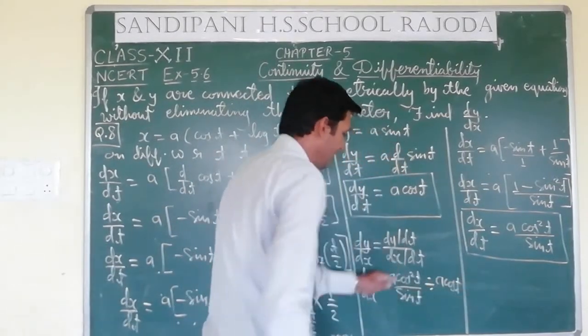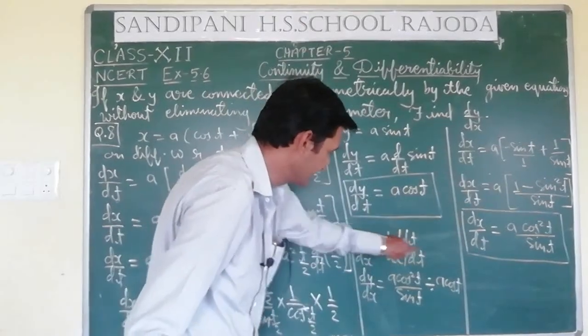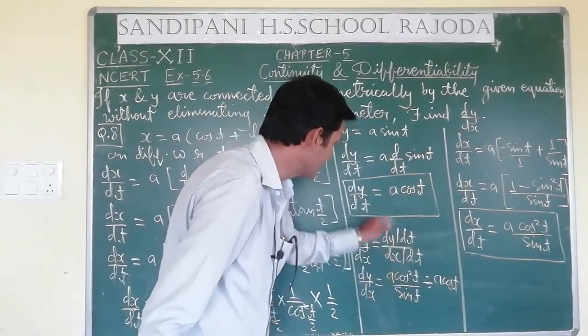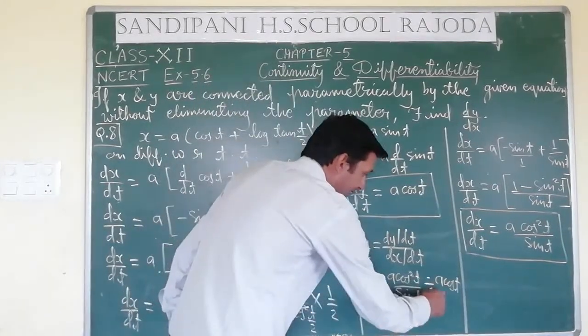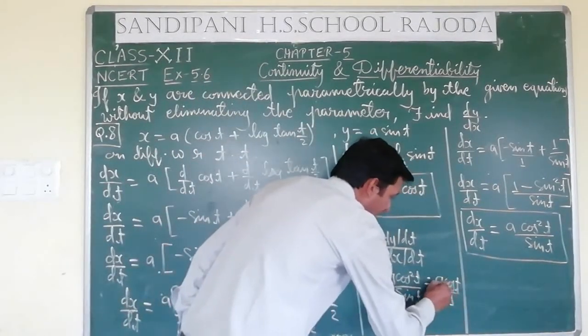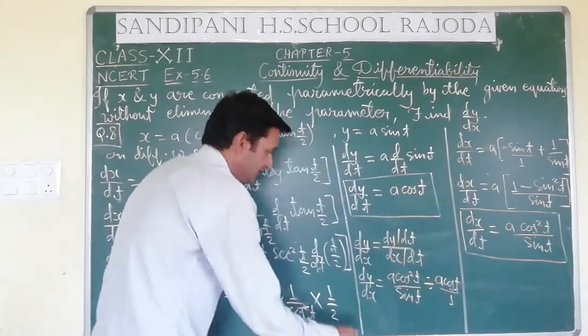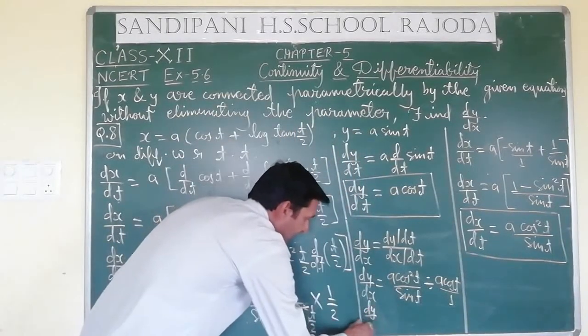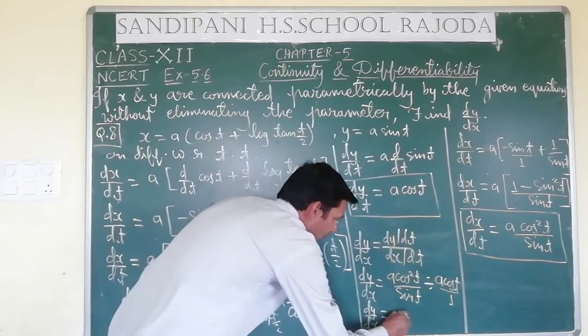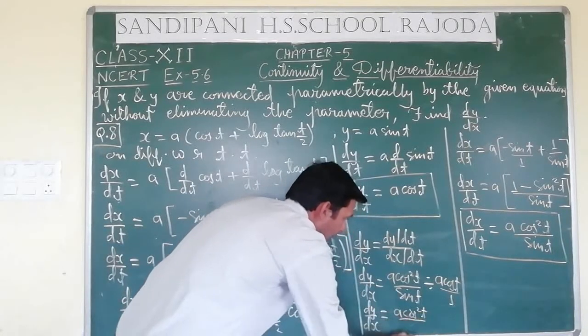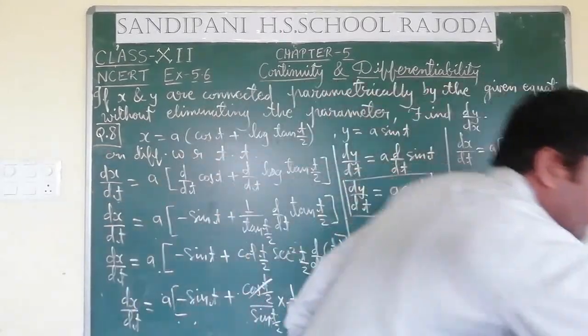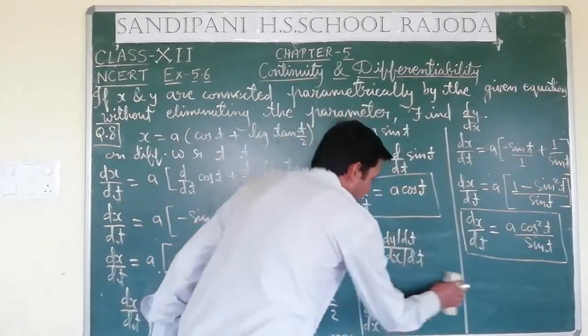We have written the division symbol because here it is division. So dx by dt means divided by a cos t. Now if we multiply it, here it is 1, so this will become 1 upon a cos t. So dy by dx is equal to a cos square t upon... that value we have taken wrong.